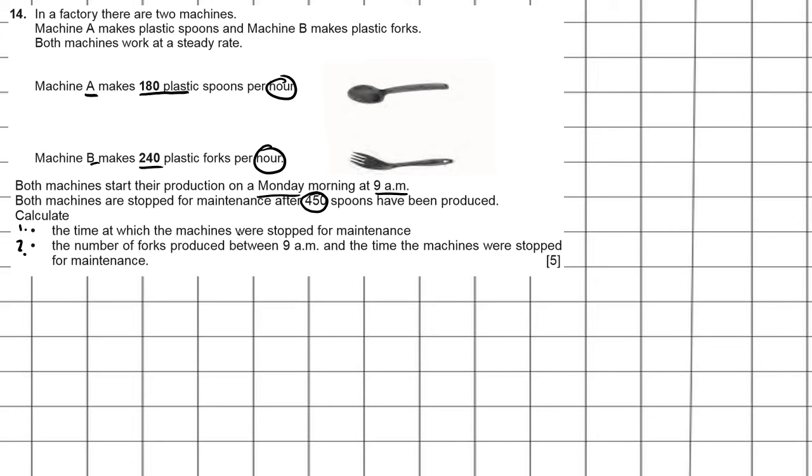Okay, so we know that they make 240 forks. So, makes 180 spoons per hour. And it's stopped for maintenance once it reaches 450.